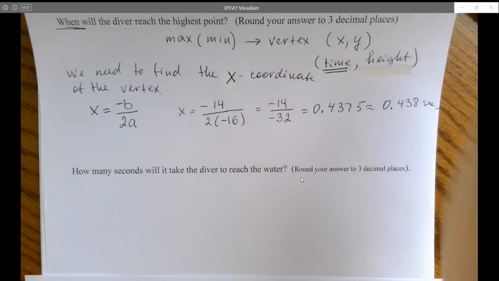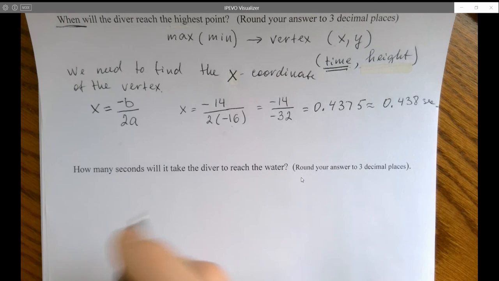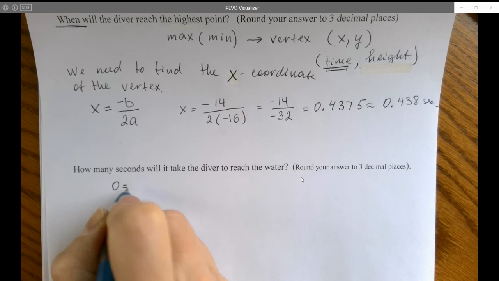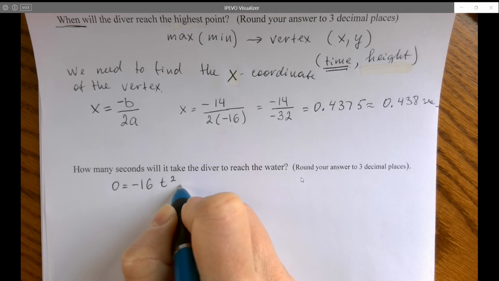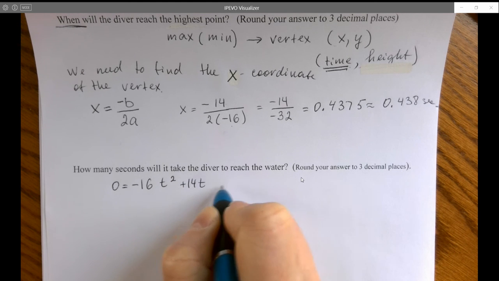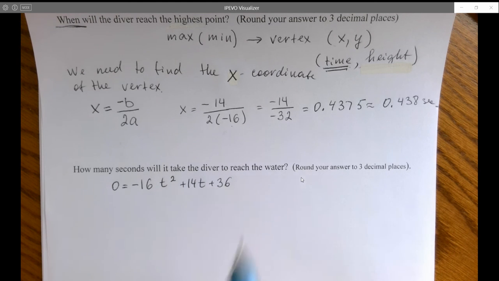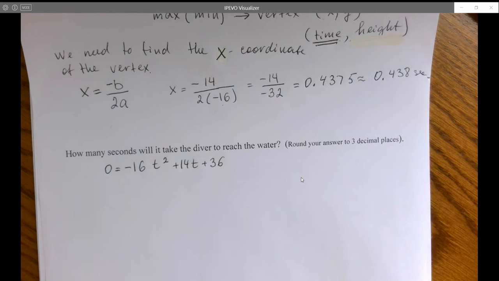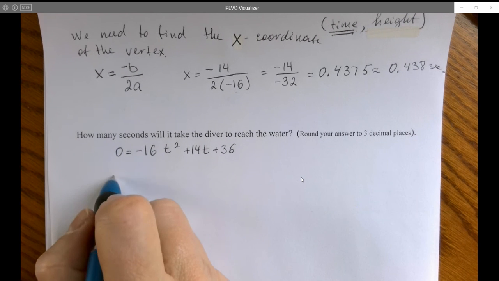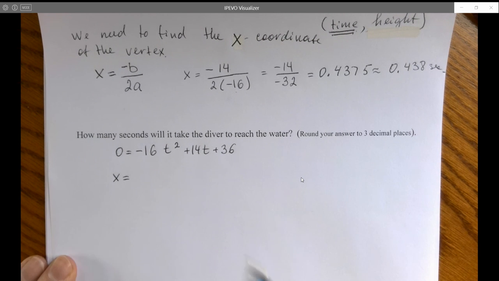Okay, let's do it. So it will be 0 equal to negative 16t to the second power plus 14t plus 36. We know our ABC already, so we're ready to use the quadratic formula.